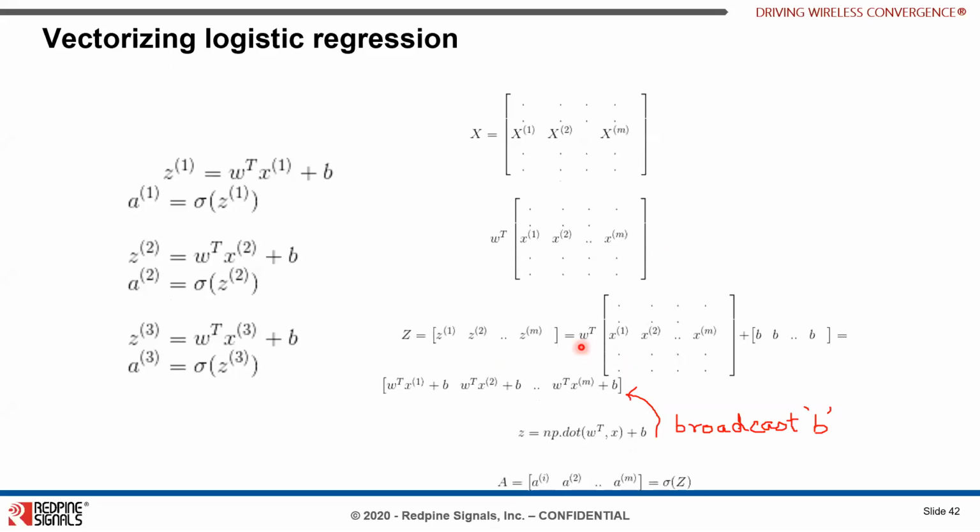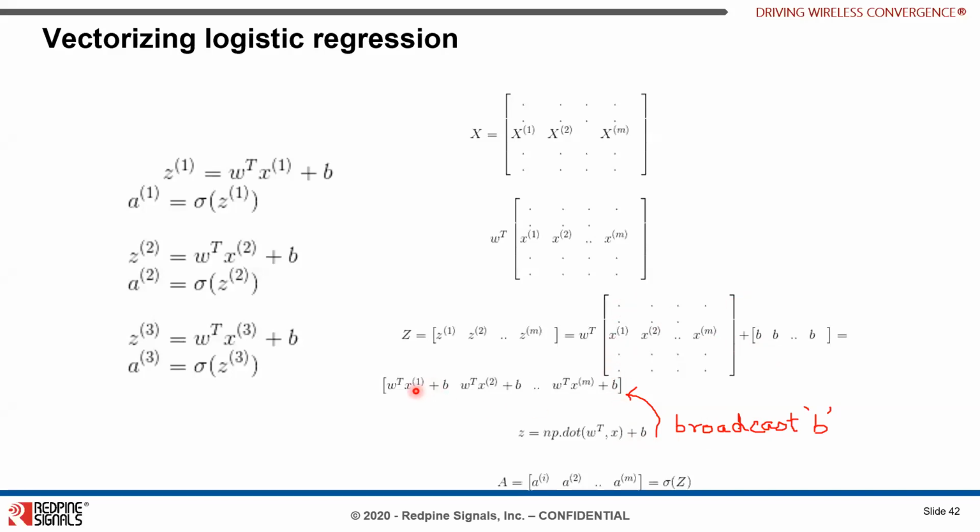So this z1, z2 until zm, we represent as wtx1 plus b, wtx2 plus b until wtxm plus b, where b is basically a broadcast. If we add b here, it will be added to every individual term.